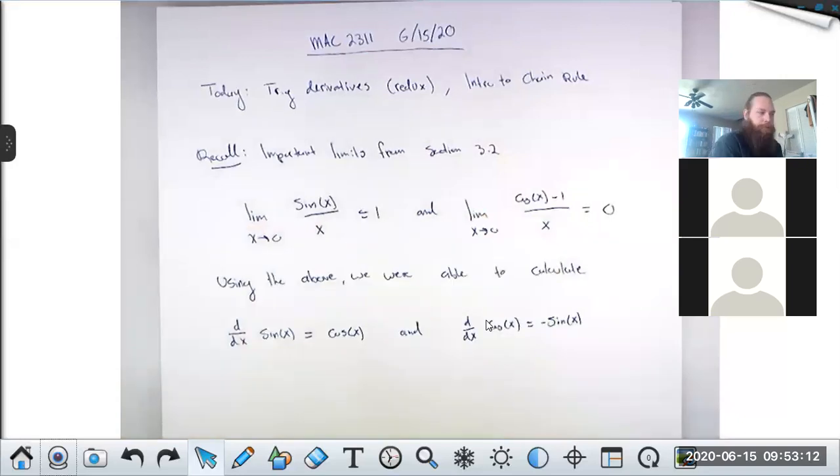And those are the main results from section 3.2. 3.2 is a whole lot of work to get what looks like not a whole lot of result. But in fact, these are major results.